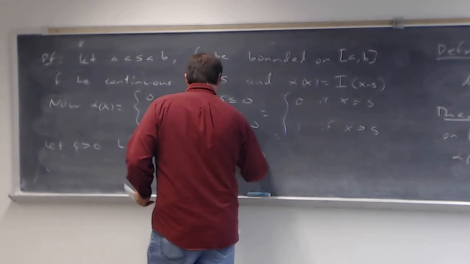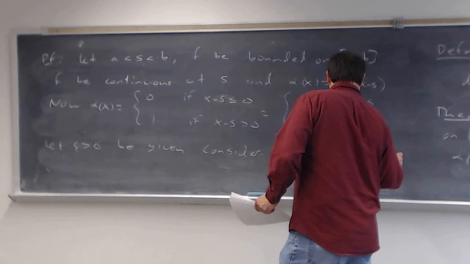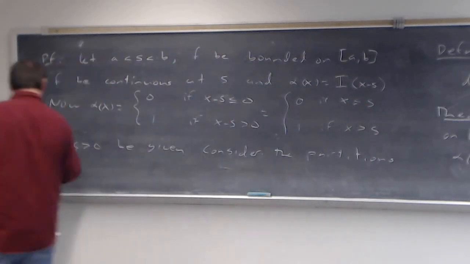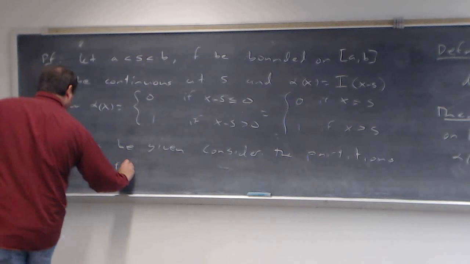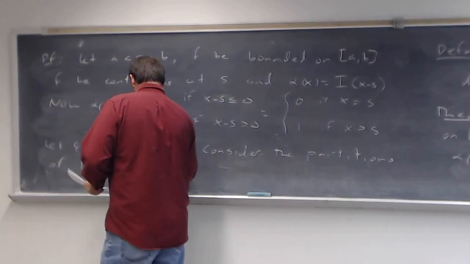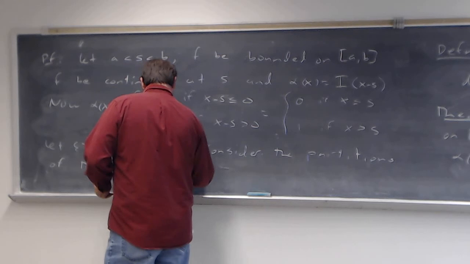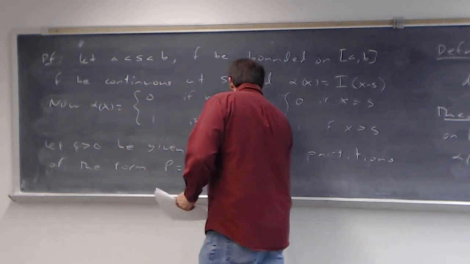We consider the partitions of the form P equal to x of 0, x of 1, x of 2, x of 3.